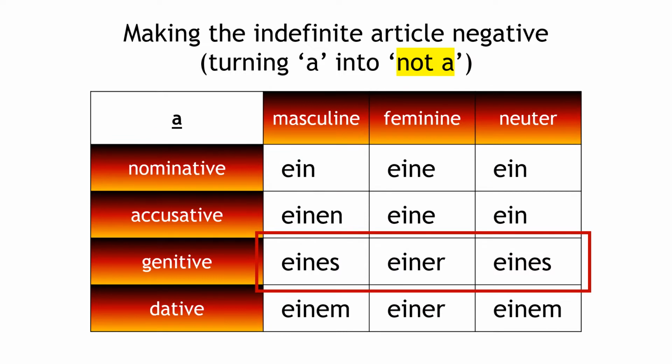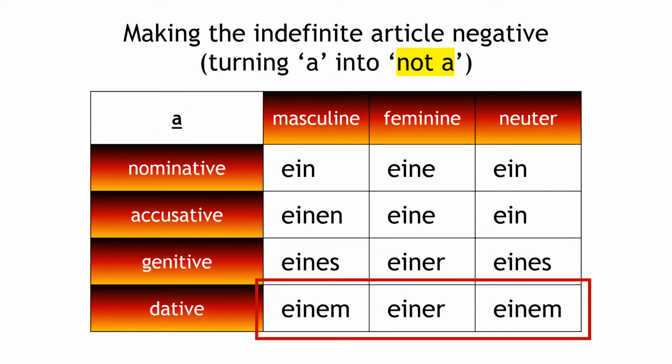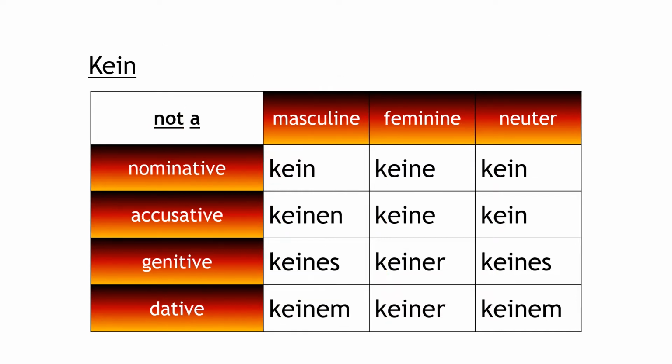Eines, einer, eines becomes keines, keiner, keines. And einem, einer, einem becomes keinem, keiner, keinem. Our focus in this lesson, of course, is on the nominative case, so we'll be using only kein, keine, and kein. And we can remove the bottom 3 rows from this table.